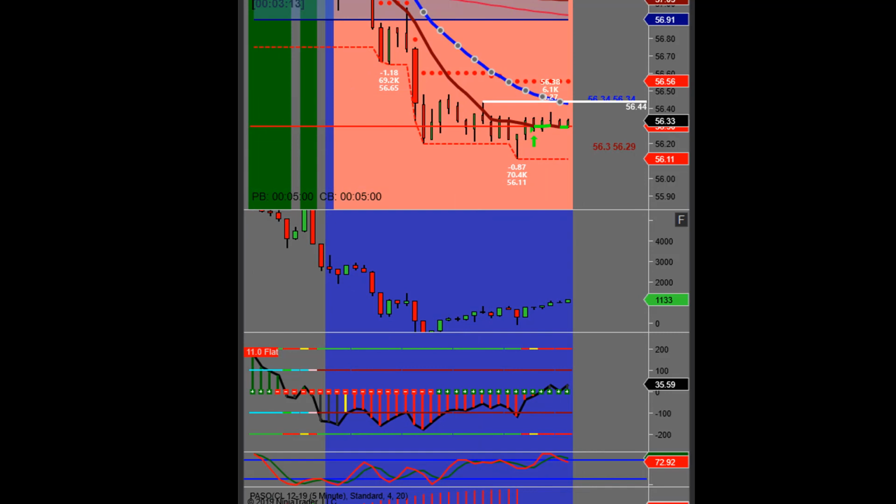Hoping it will continue above 34, looking for it to continue above 34 for a test of 42.20 moving average, the 20 EMA.